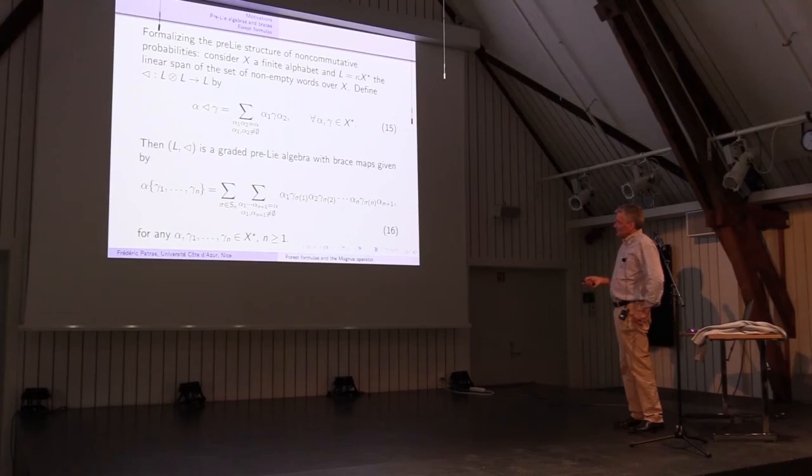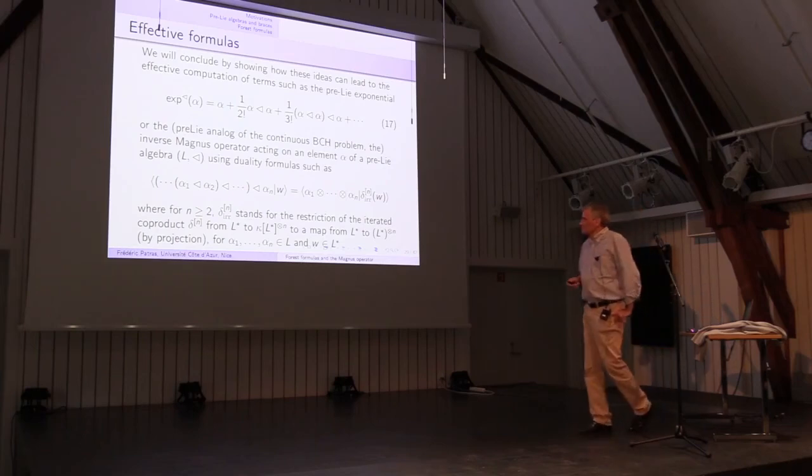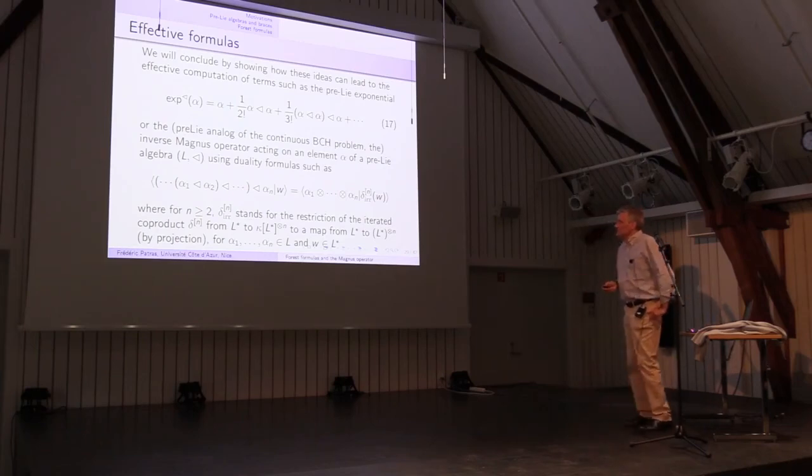And else you're just plugging in all these words, gamma 1 and gamma 2 till gamma n, in all possible ways inside alpha. So this defines the Pre-Lie structure, which is naturally appearing in free probability.